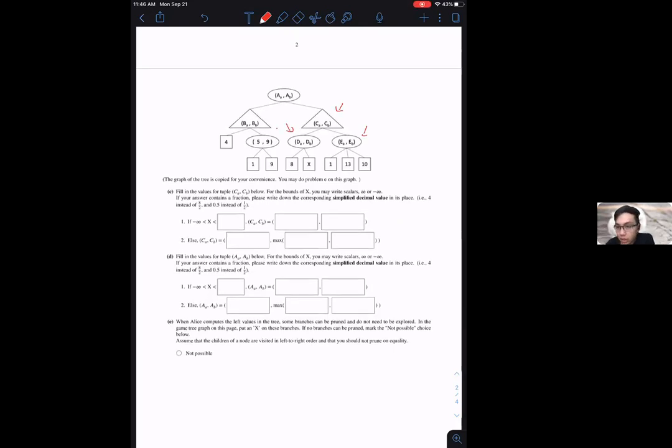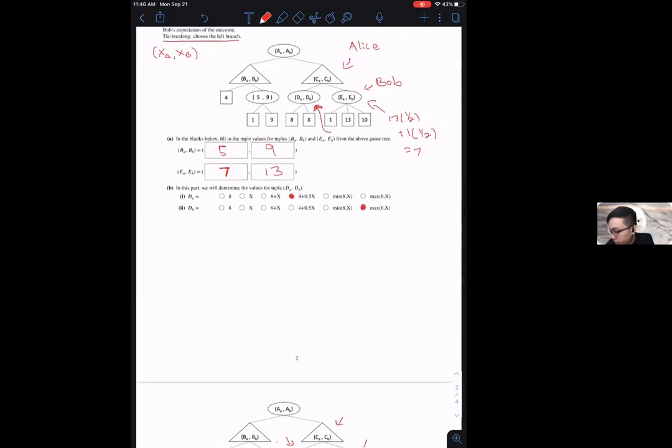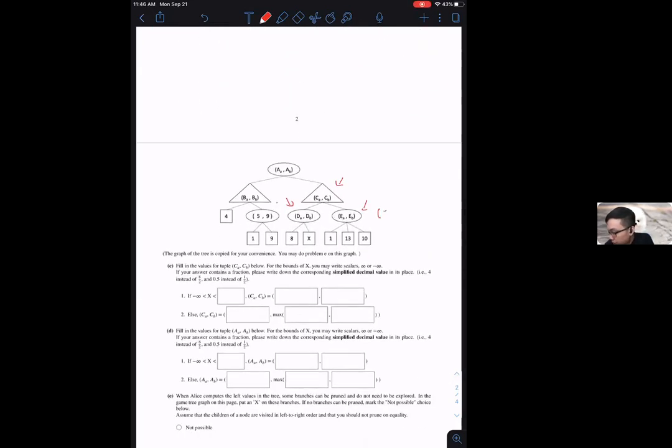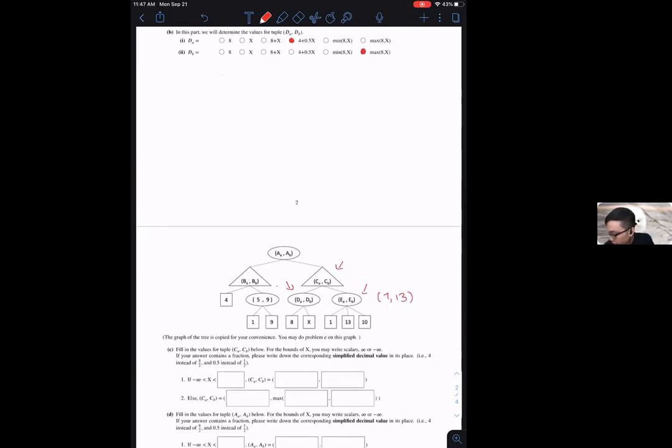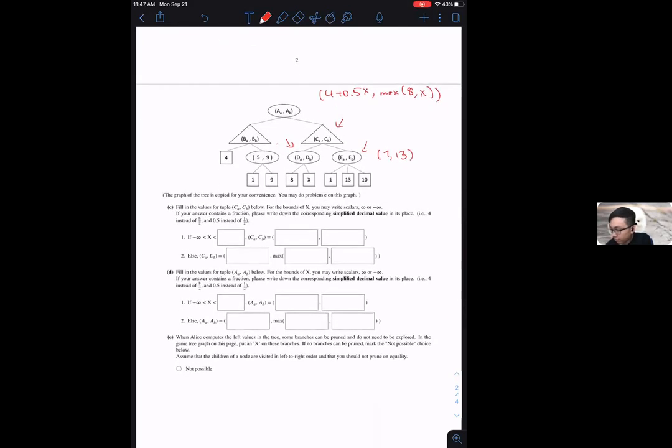Recall that we solved for EA, EB before up here. So this was 7 and 13. And we also solved for DA, DB, which was 4 plus 0.5x, comma, maximum of 8, comma, x. If we take a look at the format of the question, we can pretty much just plug in those values for what the possibilities of CA, CB should be.